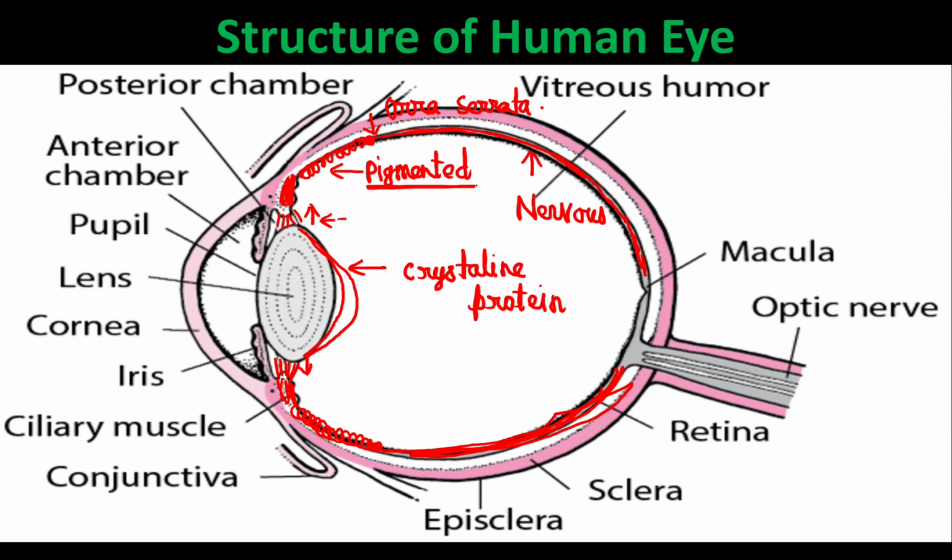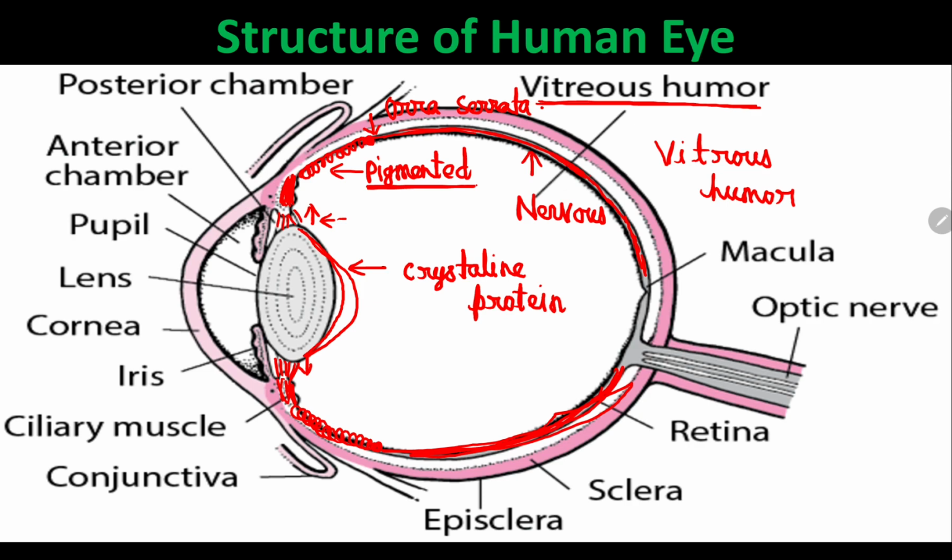Now you see, there is one chamber between our lens and retina. This chamber is called the vitreous chamber. This vitreous chamber has a jelly-like material that is called vitreous humor.